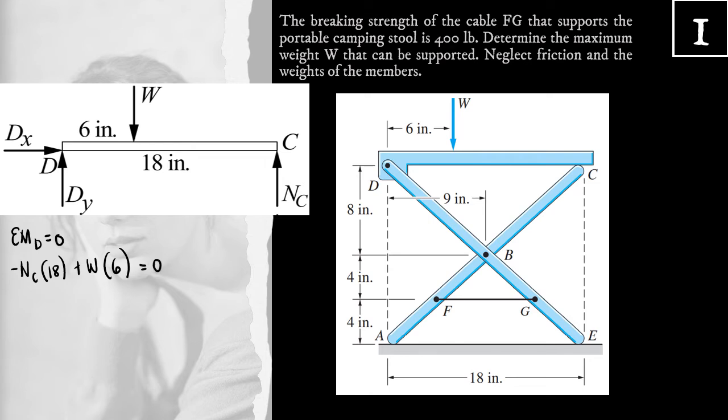Expressing now NC in terms of W, NC is equal to 1/3 W. This will be our equation 2. Do you notice something? So we expressed NA and NC in terms of W.